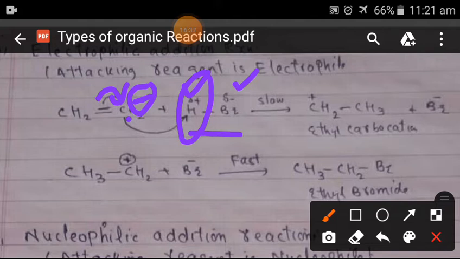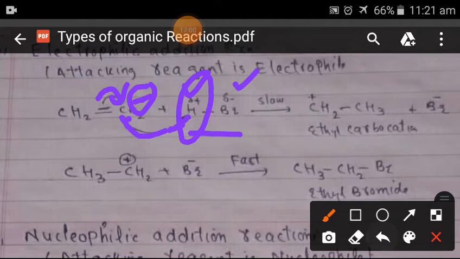The direction of the arrow is from the electron rich center towards the electron deficient center, but the attacking reagent is an electrophile. So that's why it's called an electrophilic addition reaction, because the addition occurs across the carbon-carbon double bond.